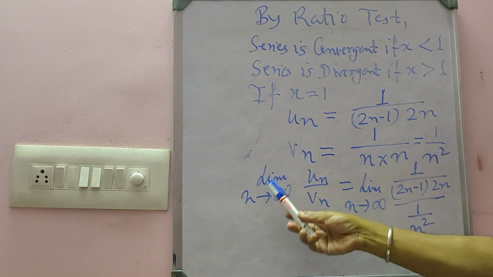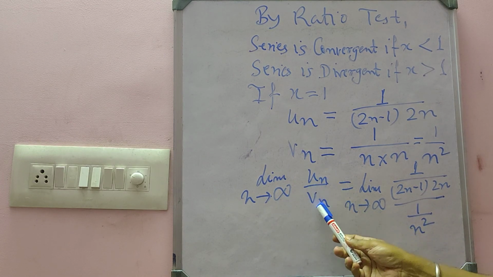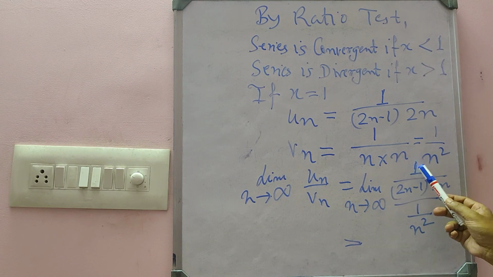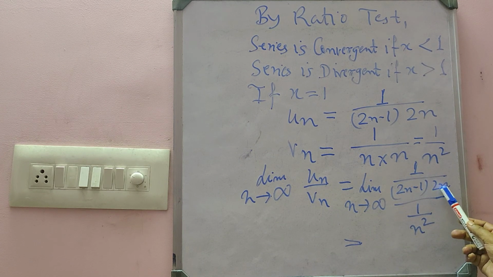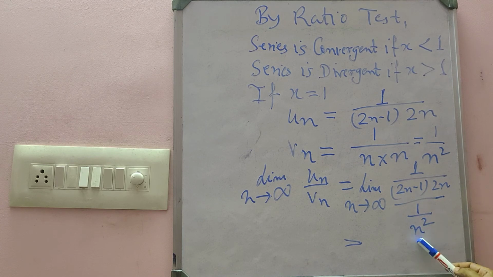So this ratio, limit n tends to infinity un by vn, we are getting 1 by (2n minus 1) 2n divided by 1 by n square.